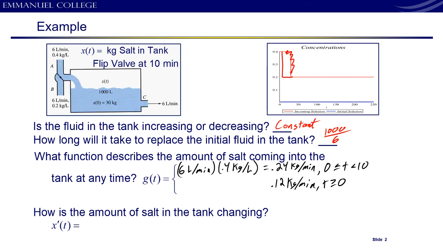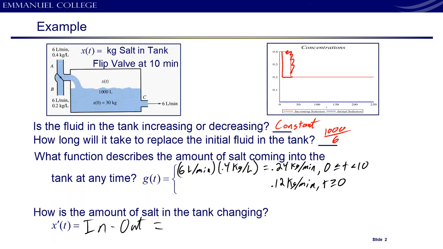So how is the amount changing? Like a classic compartment problem where you have in and out, it's the amount that goes in minus the amount that goes out. I'm having to hold up notes for this one because there's a lot to keep up with.